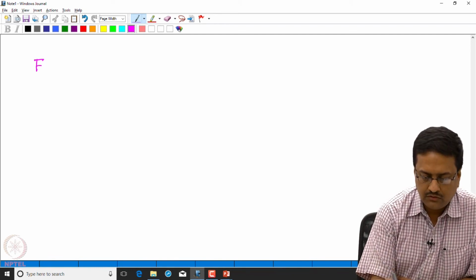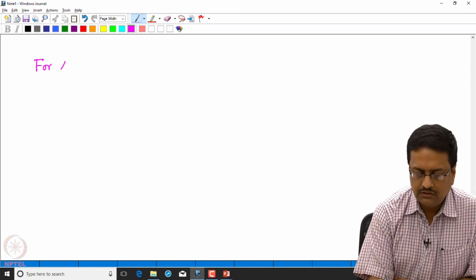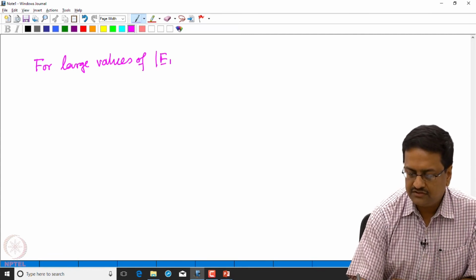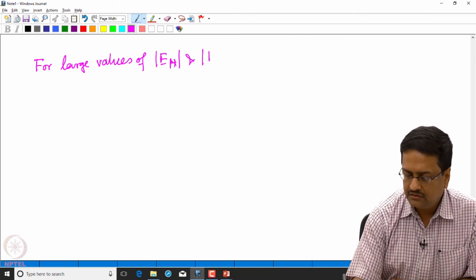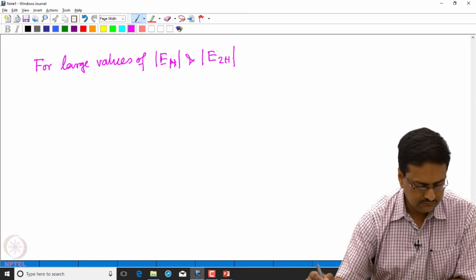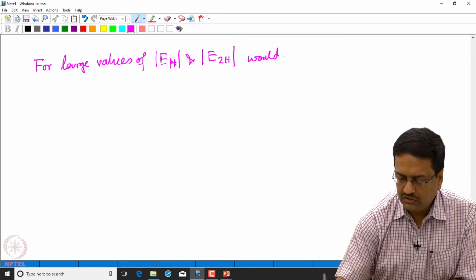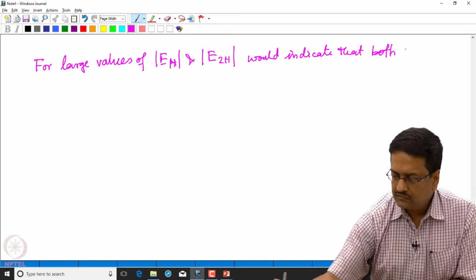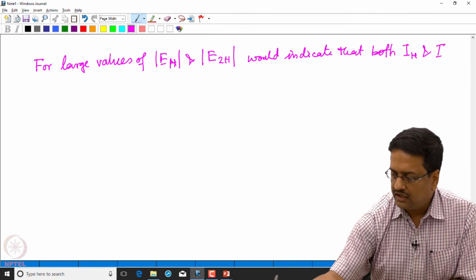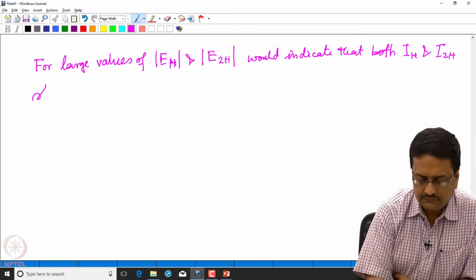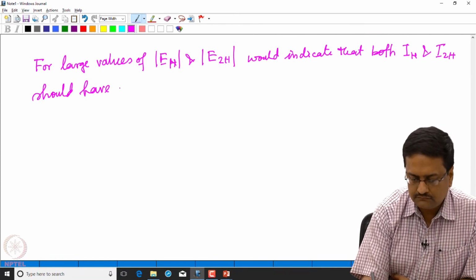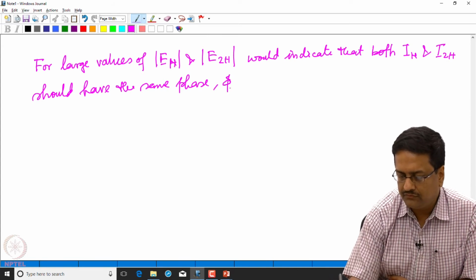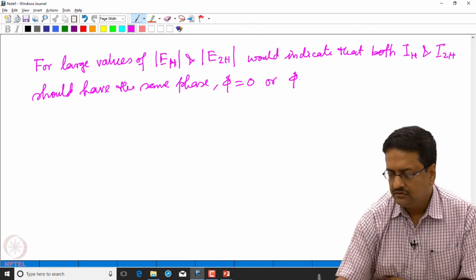So for large values of EH and E2H would indicate that both IH and I2H should have the same phase, phi equal to 0, or both should have phi equal to pi.